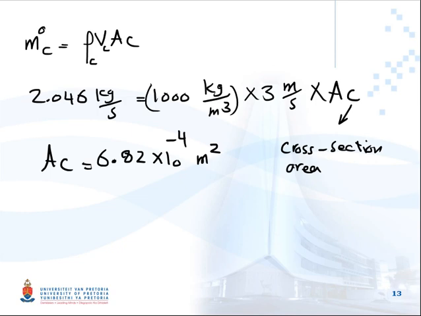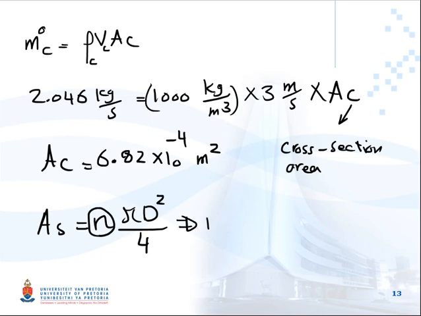Good question. So AS, basically, first we say that it is the number of tubes times pi d squared divided by 4. Okay, so we need to find n. So basically n is equal to 4 AS over pi d squared.